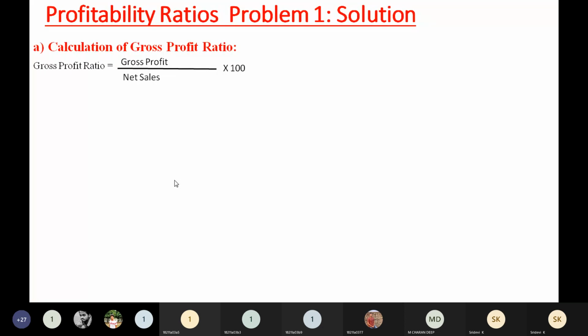You have to show it as a percentage. If it is gross profit, you take the numerator as gross profit. If it is net profit ratio, you take net profit in the numerator. The denominator will be the same. For the operating ratio, you take operating expenses divided by net sales into 100. This is how you are going to take it.